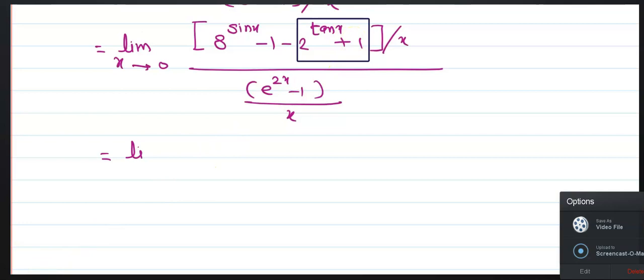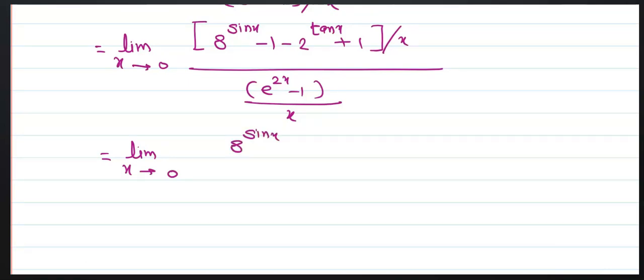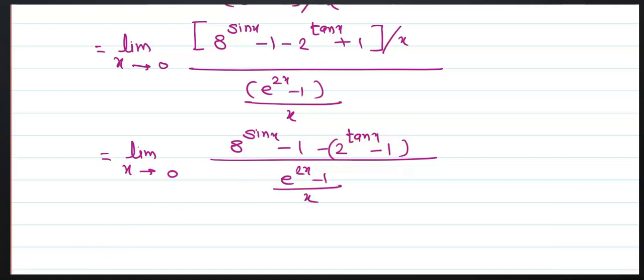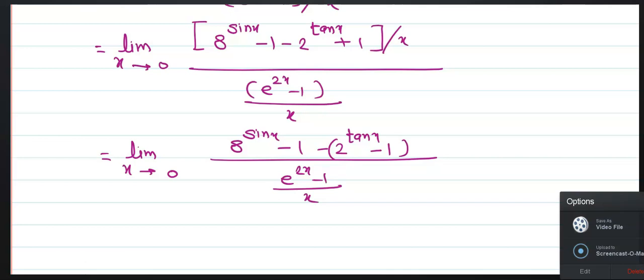Therefore, now see this again here. That is, limit x tends to 0, (8 raised to sin x minus 1 minus 2 raised to tan x minus 1) upon (e raised to 2x minus 1) upon x.